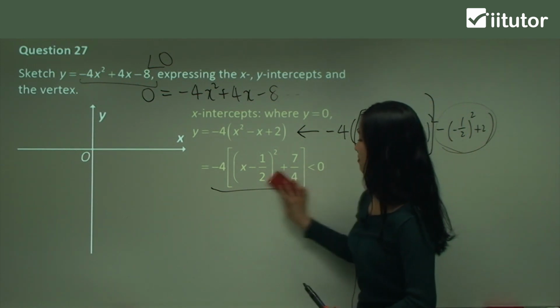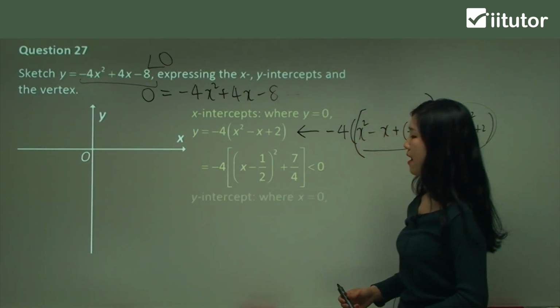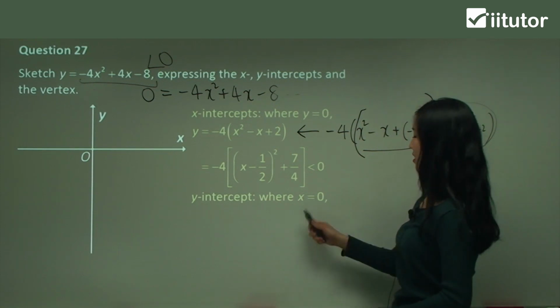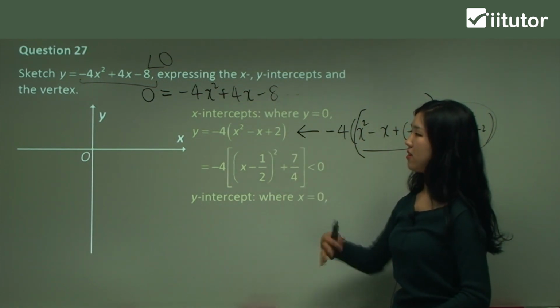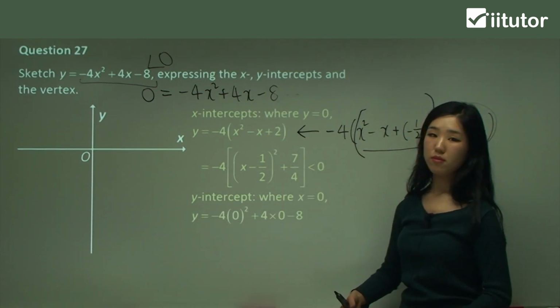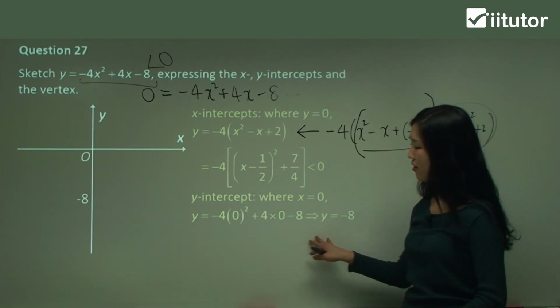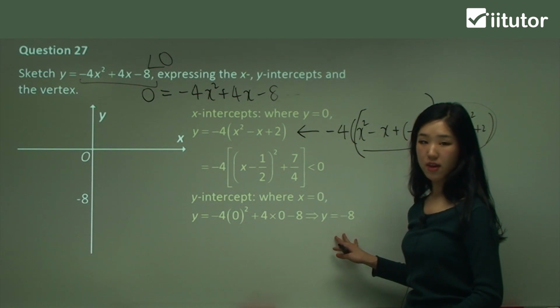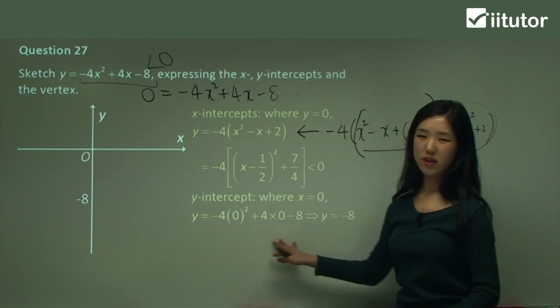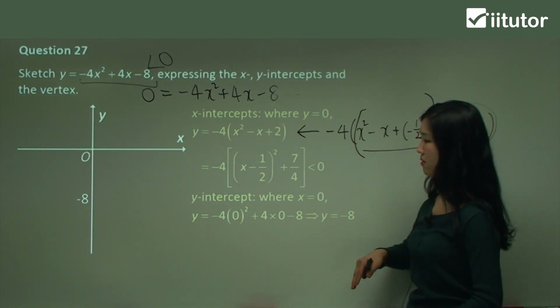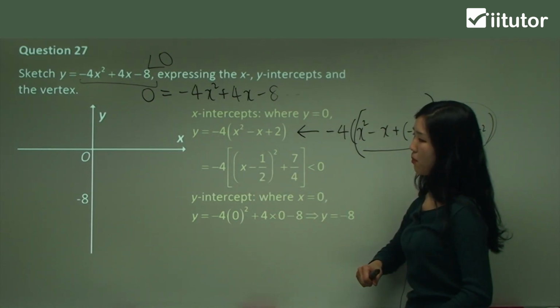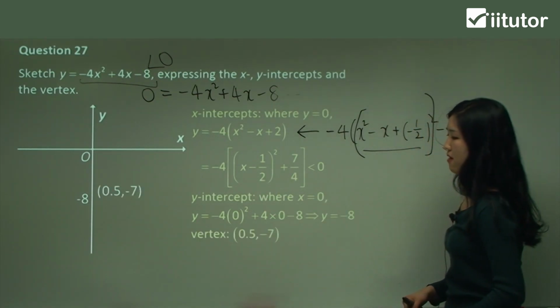Now let's go on to our next step, finding my y-intercept. Sub in x equals 0. This is an easy step. Just sub it in, get y equals -8. But make sure you check you get this, because I'm going through this very quickly, so make sure you get the same outcome as me. I point that in, and finally my vertex.